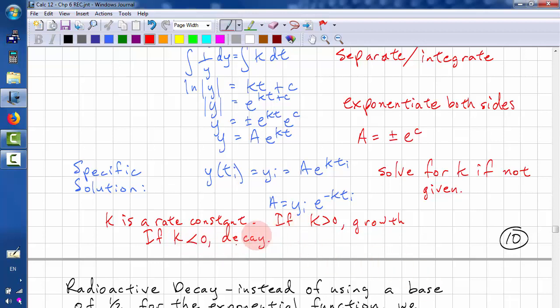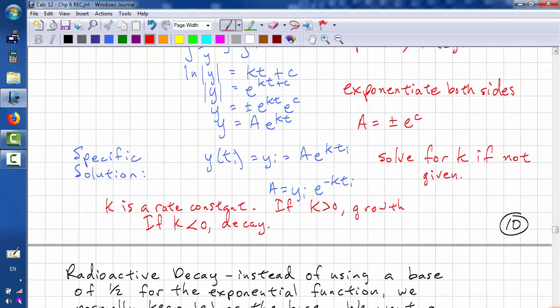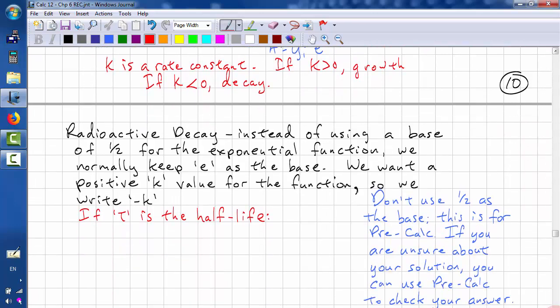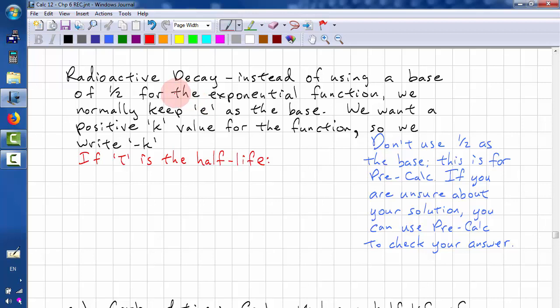But you'll see that in some problems we want a positive k, so we make it negative k. Okay, let's look at our first example. Radioactive decay. And instead of having a base of 1/2 for the exponential function, we want to normally keep e as the base, and we want to keep k as a positive value for the function, so we write negative k.